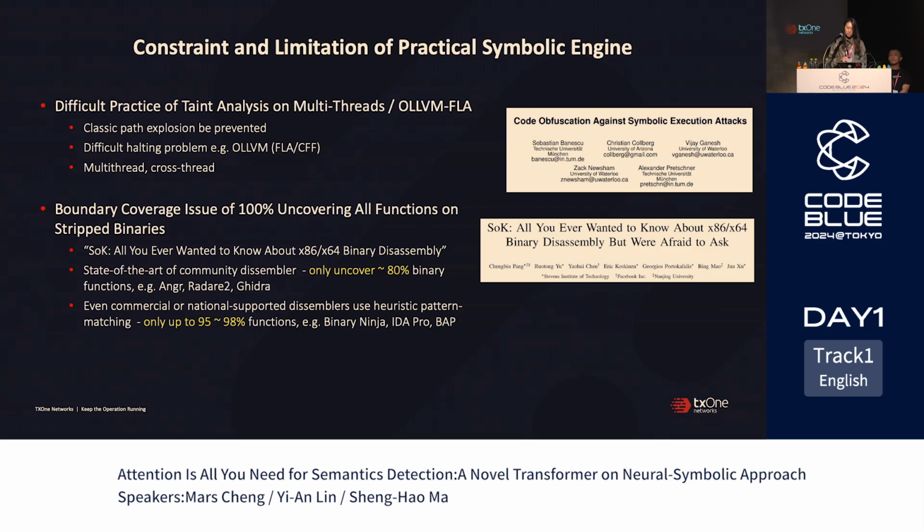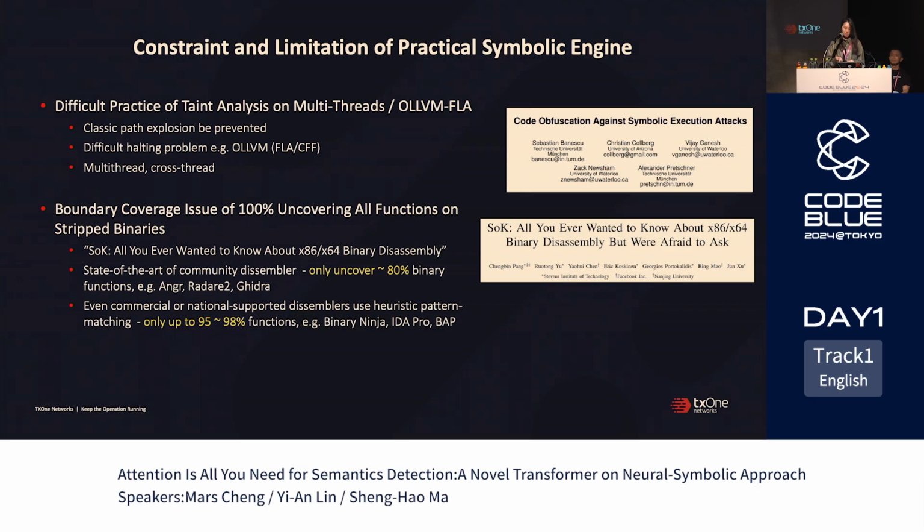And the second major constraint is the boundary coverage issue of split binaries. As mentioned in the paper, "All You Ever Wanted to Know About 32 and 64-bit Binary Disassembly", the state-of-the-art community disassemblers can only cover up to 80% of the binary functions.